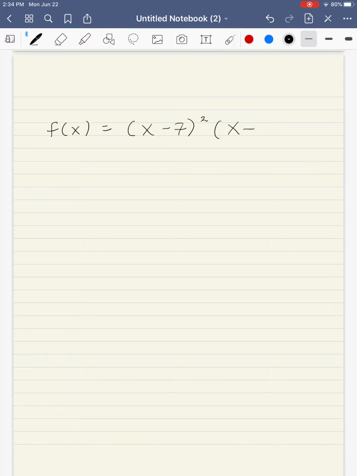Let's say we have a function, f of x equals (x minus 7) squared times (x plus 3). And we want to find the zeros and their multiplicity. In other words, how often does that 0 occur?